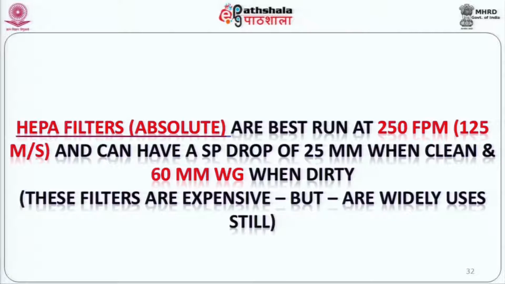These can operate at 250 feet per minute as opposed to 350 feet per minute for the other, but the major change comes where the pressure loss is as high as 25 mm as opposed to maybe 6 to 8 mm of the earlier filters. Those filters never went beyond quarter inch, that is 6 mm. These filters go to practically 1 inch, 25 mm.